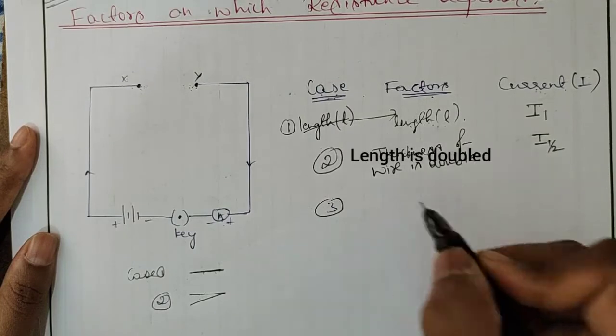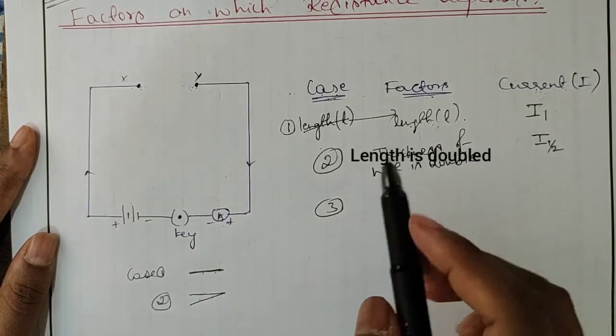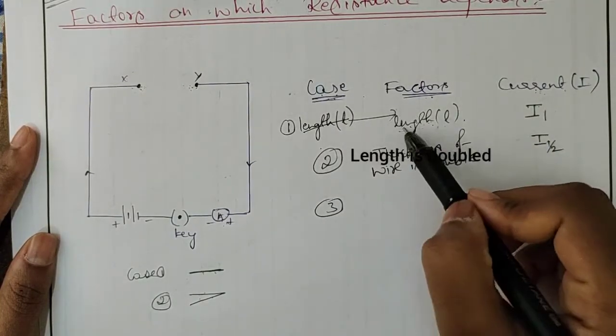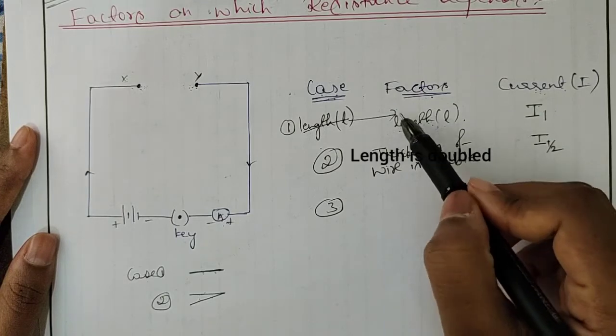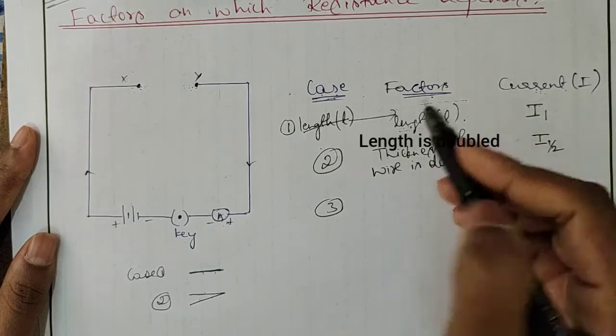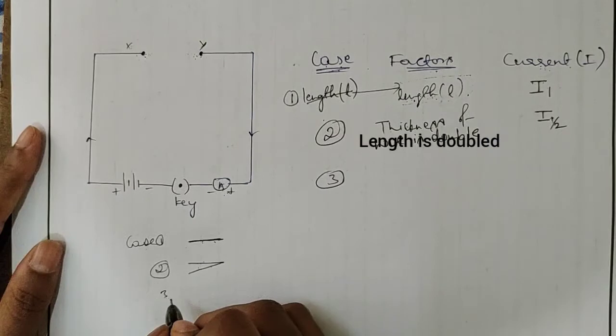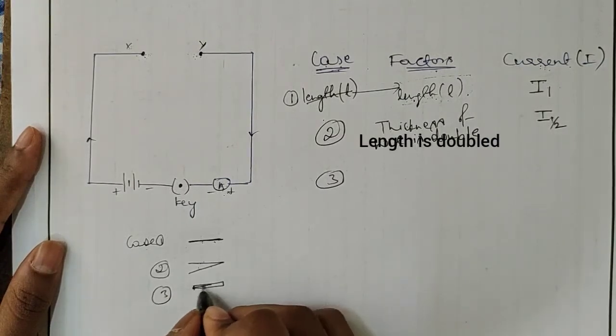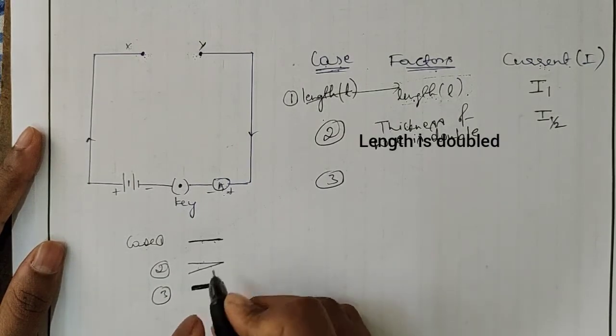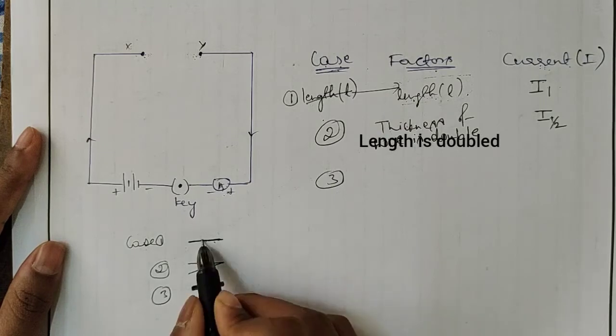And in the third case, what I did is keep the same length as the first case, but I increased the thickness. So the size has been increased with the same length.